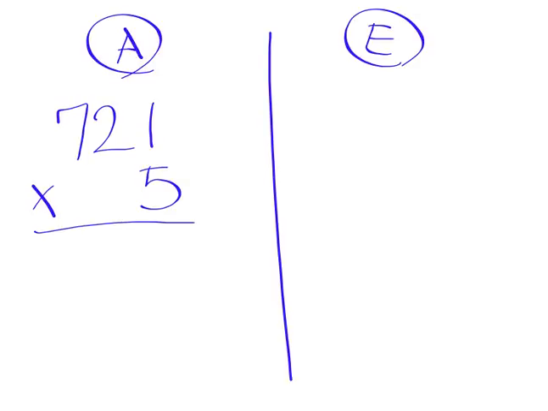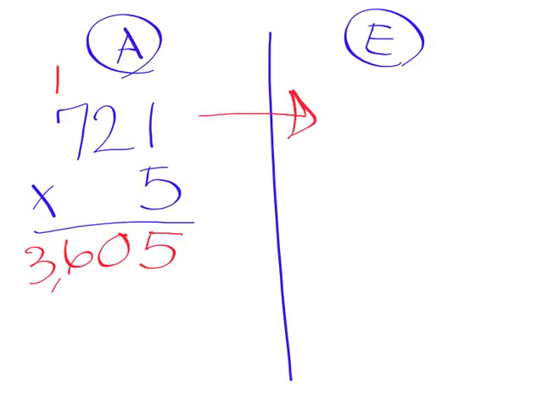If I find the actual product of this problem, 5 times 1 is 5. 5 times 2 is 10. 7 times 5 is 35, plus 1 more is 36. And so I think that my product is 3,605. If I were estimating, 721 on a number line would be closest to 700.